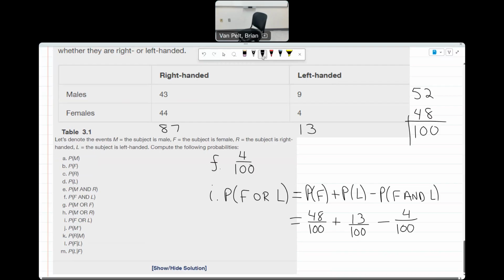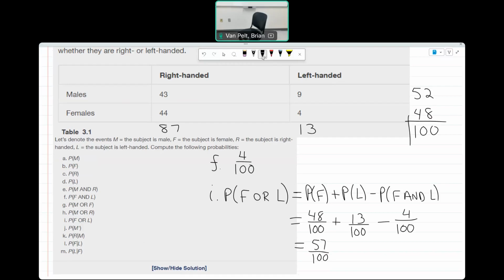So adding across the numerators, I get 61 minus 4, which is 57 out of 100. Having a denominator of 100 has got to be the most desirable thing besides 1, because if you wanted to convert to decimals, you just get 0.57. Are there any questions about this?